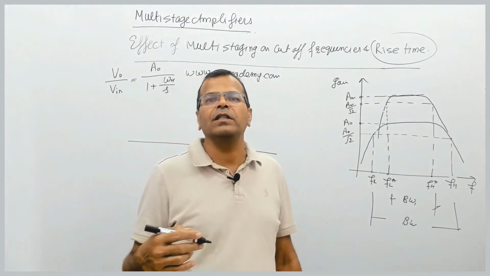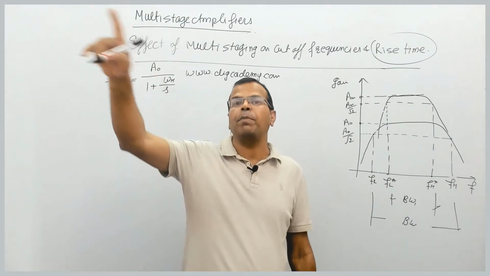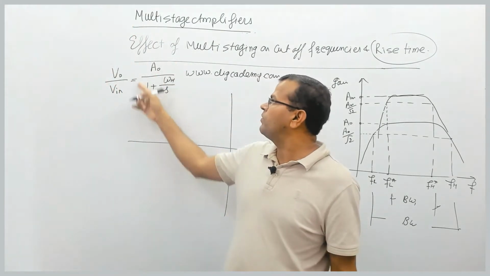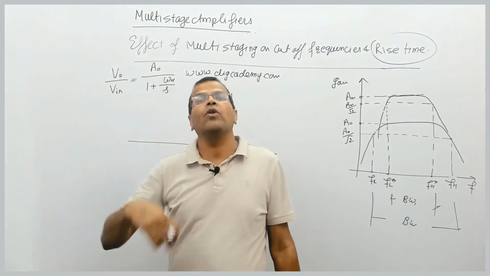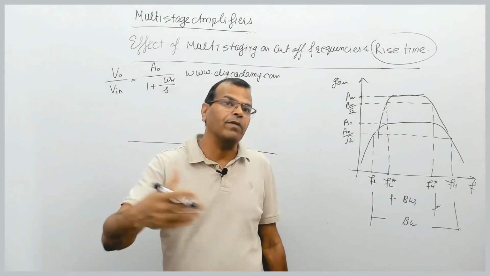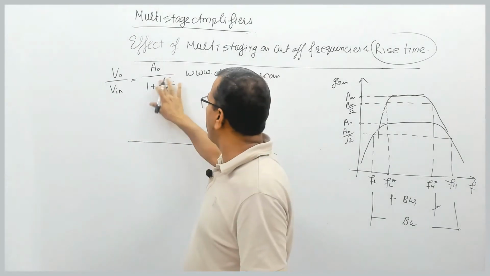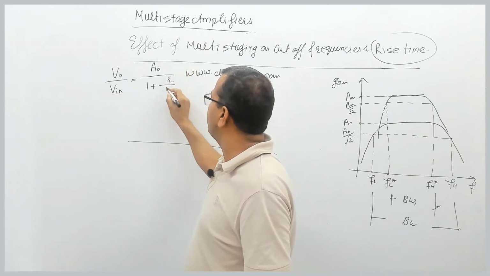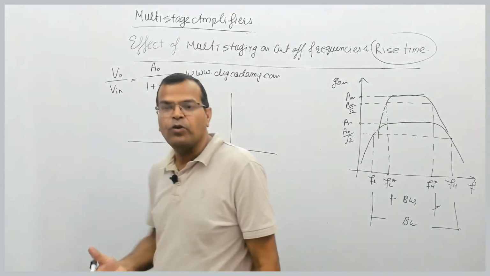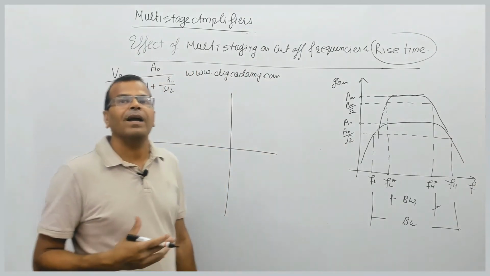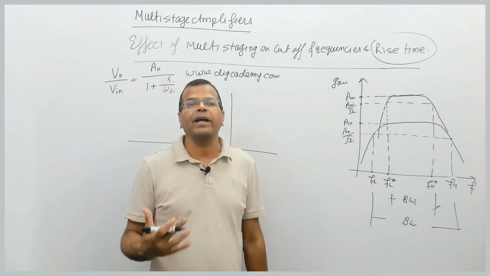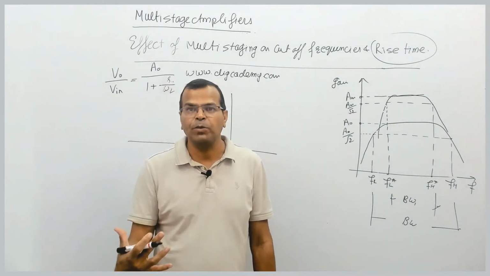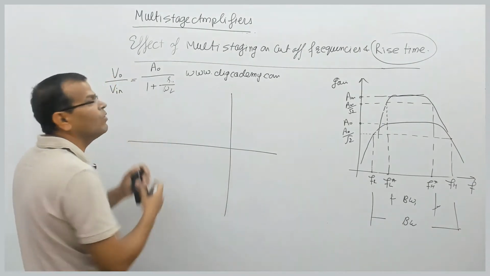At low frequencies, your amplifier behaves like a high pass filter, so this is the transfer function of a high pass filter. At high frequencies, your amplifier behaves like a low pass filter, and this is the transfer function of a low pass filter. You can go through my video and my text on frequency response of the amplifier where I have talked about these things.